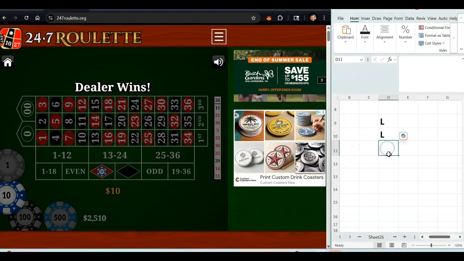Okay, 3rd L. So that sequence is over, and we lose a sequence. We can do one of 2 things depending on how aggressive or conservative you want to be. I keep it conservative, so I only go up 1 unit on the next bet, on the next sequence.